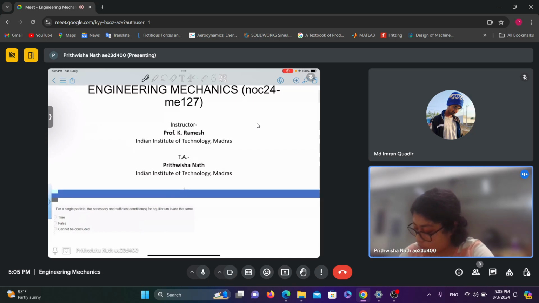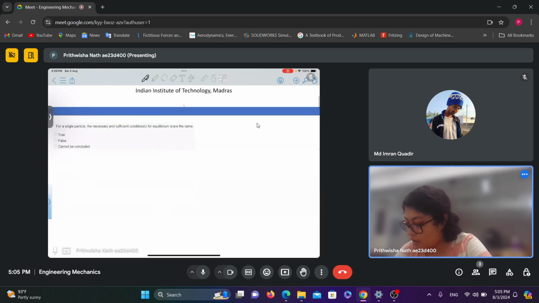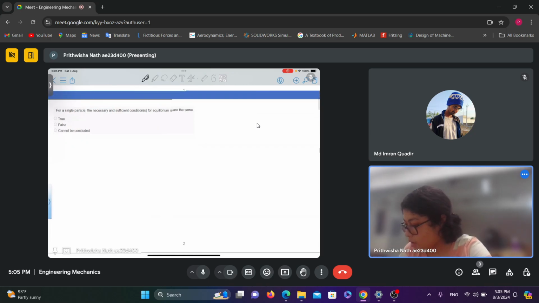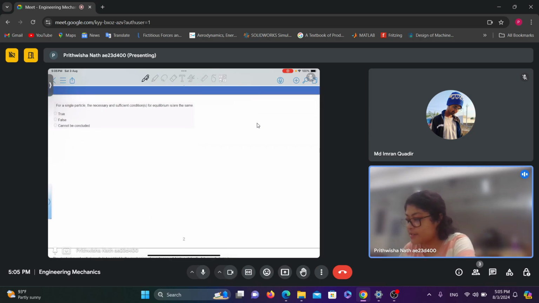So the first question. For a single particle, the necessary and sufficient conditions for equilibrium are the same. Can you tell me what is the answer to this question?